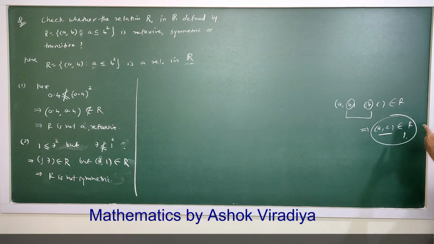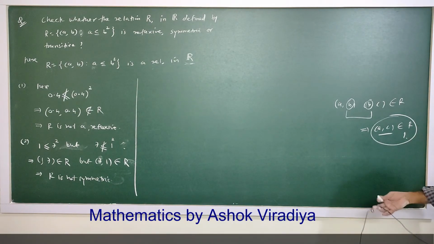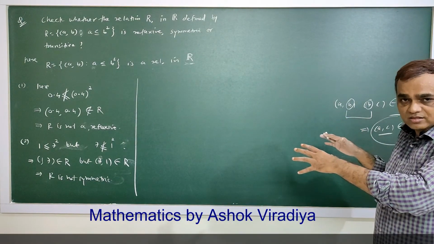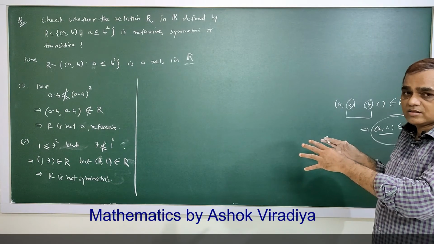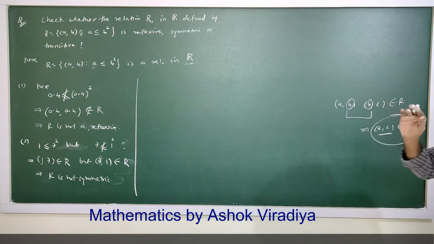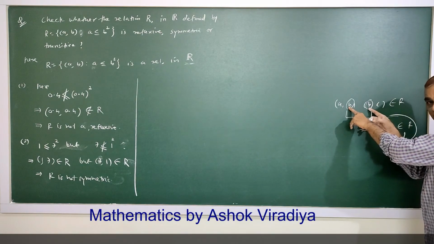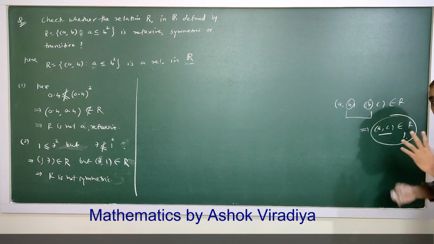If this is not satisfied, it is not transitive. Here also you have to choose numbers by a trick. So try to find two ordered pairs in which b is common, belonging to R, but (a, c) does not belong to R.